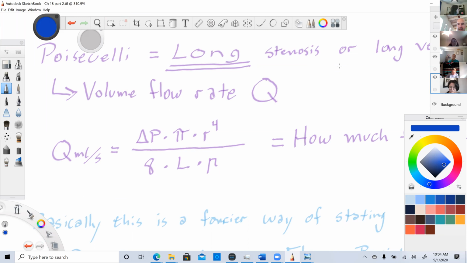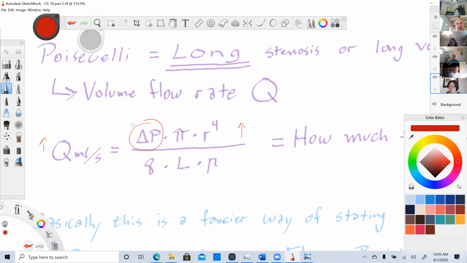Remember, anything that happens up on top, arrow, if it goes up, volume flow goes up. So if the pressure gradient goes up, your heart beats harder and faster, your volume flow will go up.